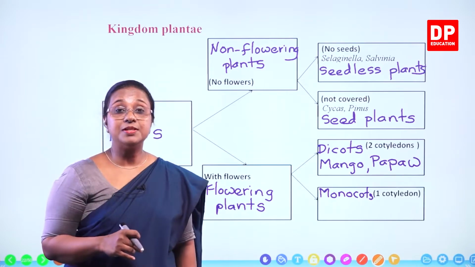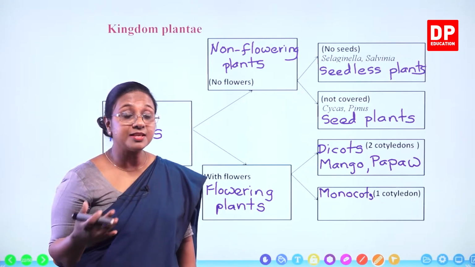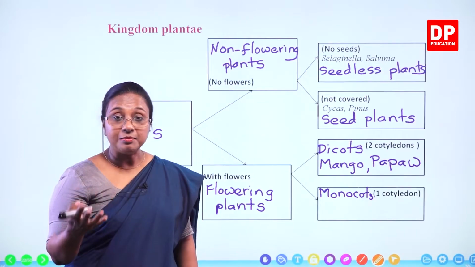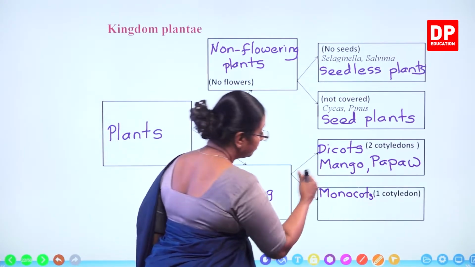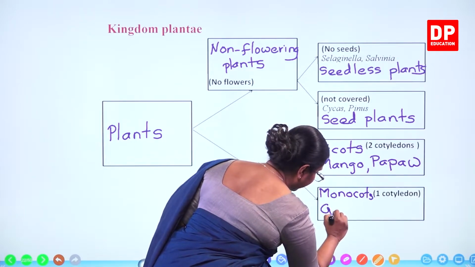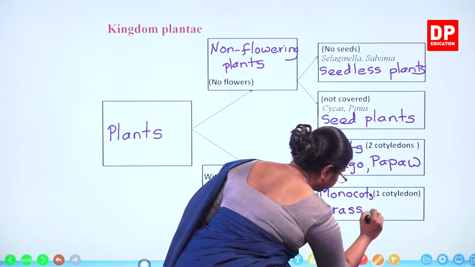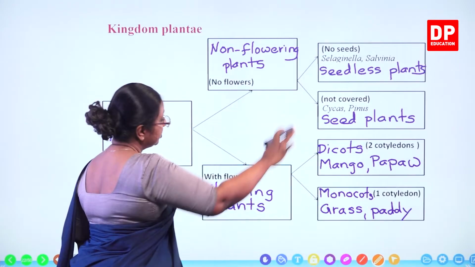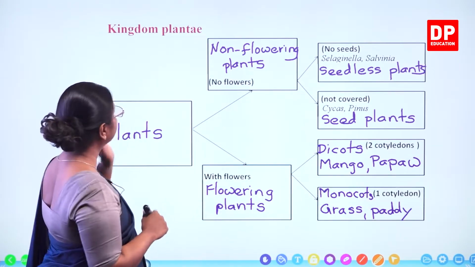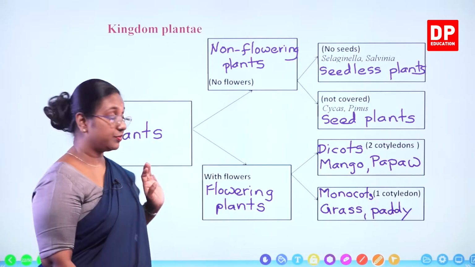What are the examples? You can remember grass, coconut tree, palmyra tree, then even paddy. All these come under monocots. So I will write grass and paddy here. So this is how we classify the kingdom plantae, the main classification.